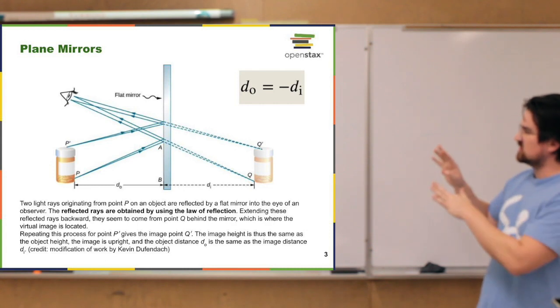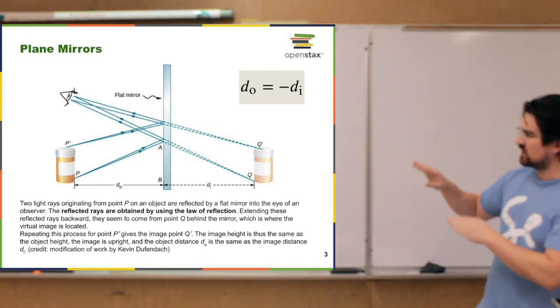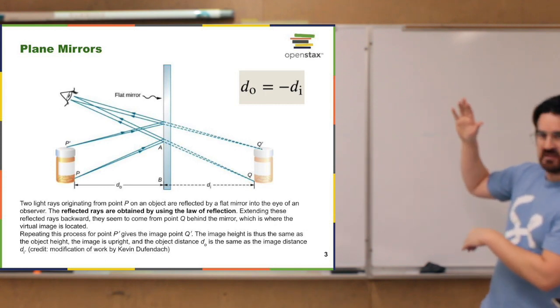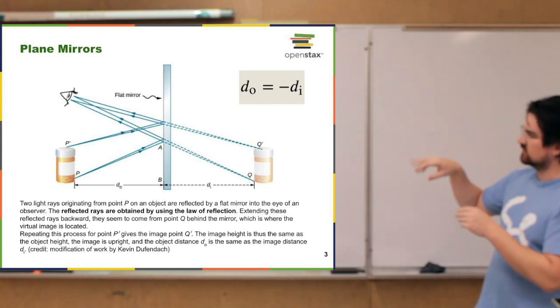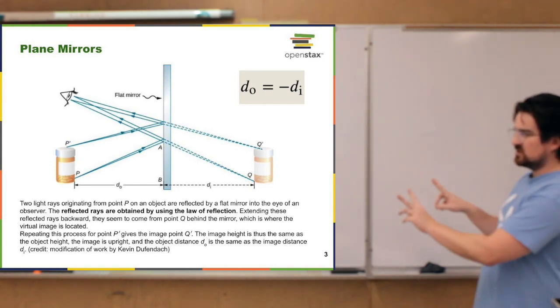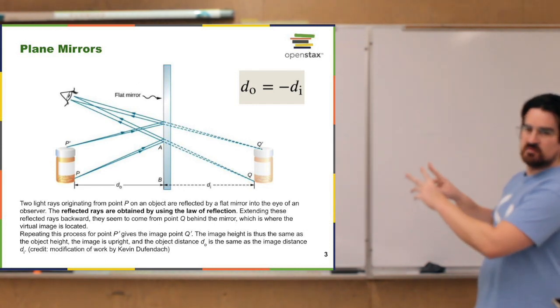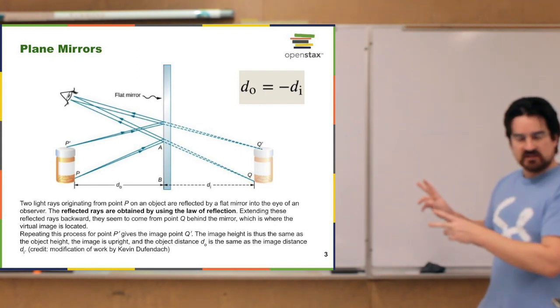We have a number of things detailed on there, points like P, P prime, the bottom and top of the object, B, A, Q, Q prime, and also D sub O and D sub I, which are going to come up a lot in this chapter.